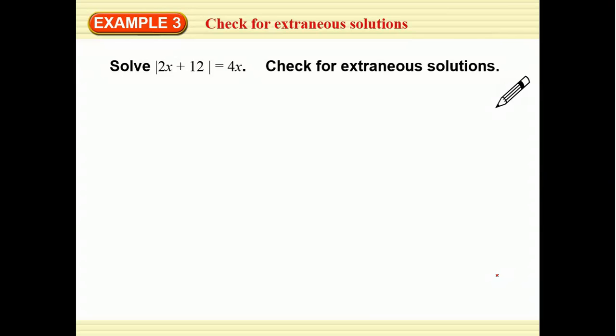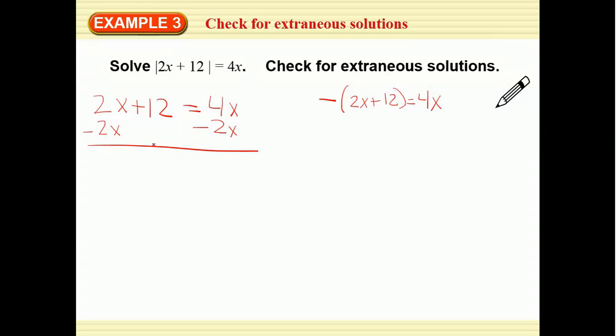I have |2x + 12| = 4x. You're going to do the same thing as what we did. You're going to rewrite this without the absolute value bars as two different problems. So I'm going to have 2x + 12 = 4x and -(2x + 12) = 4x. Let's subtract 2x, so I'll get 12 = 2x.